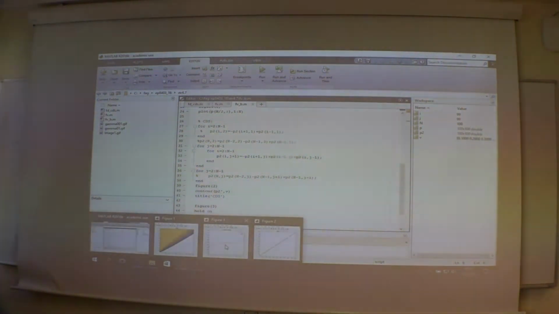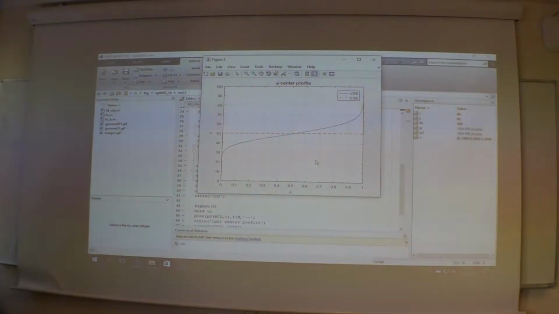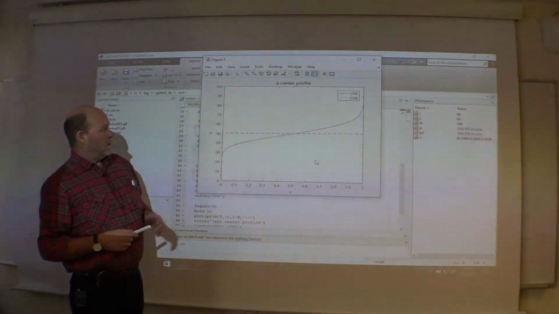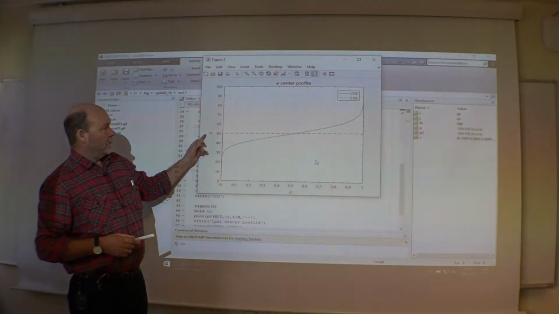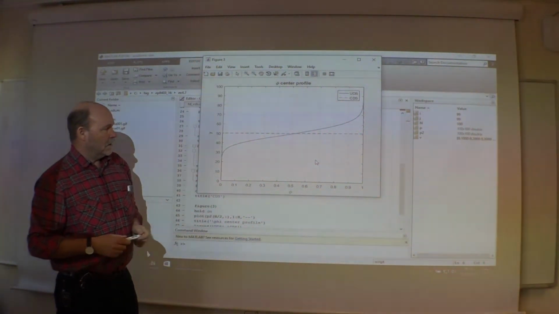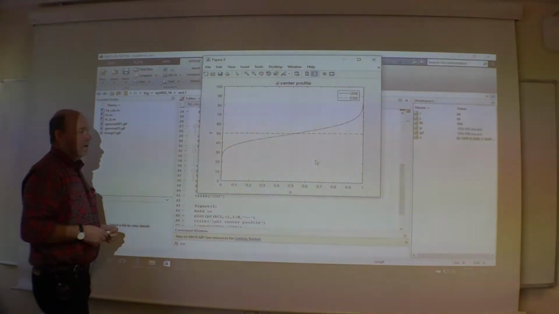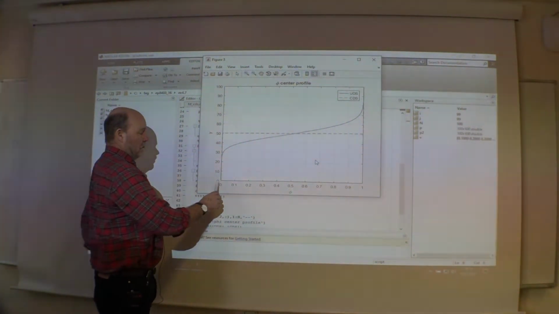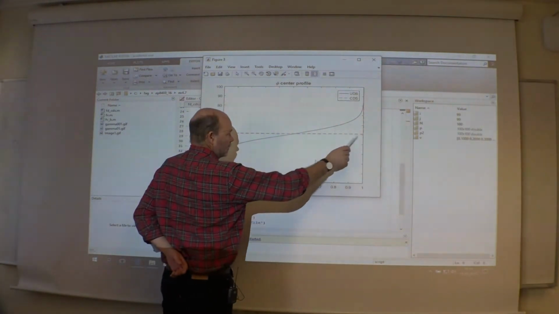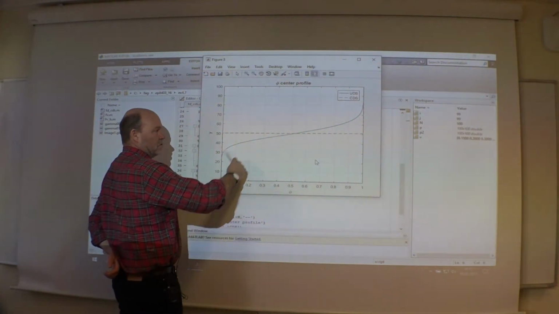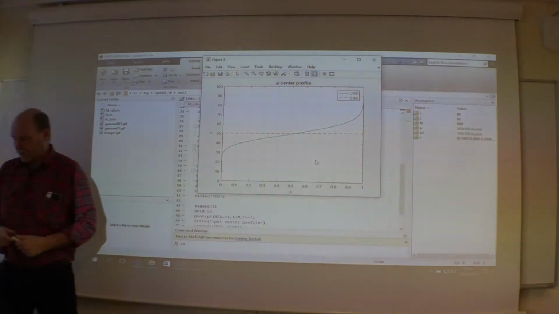And we get the same graph. If you look at just how phi is changing along a line across the center, the CDS makes a perfect jump. The upwind scheme smears it out totally.